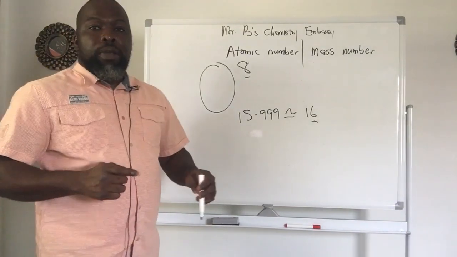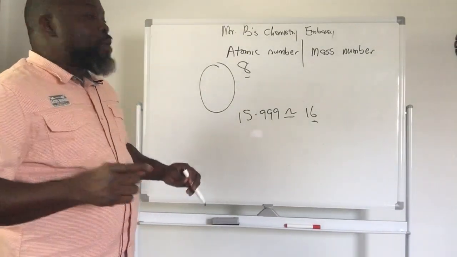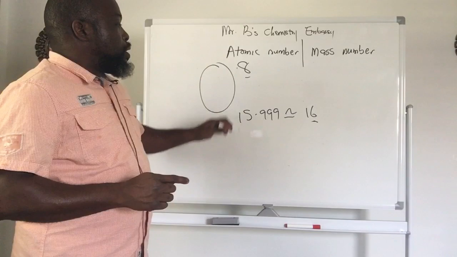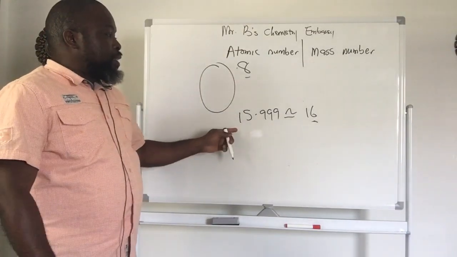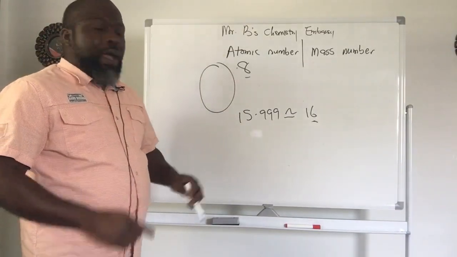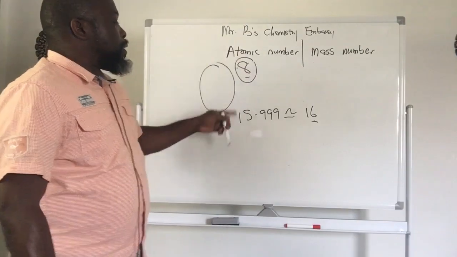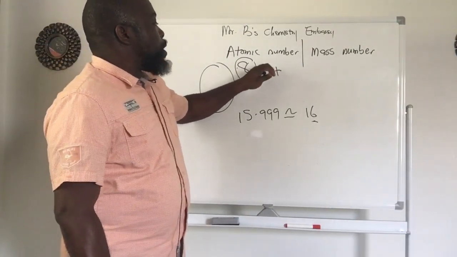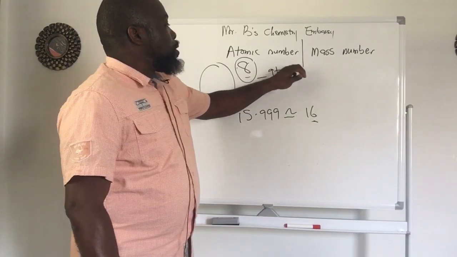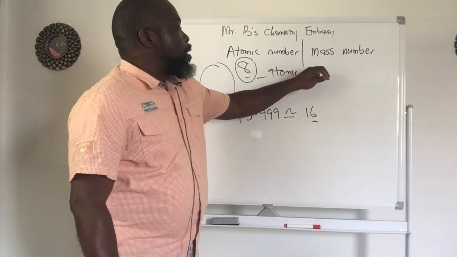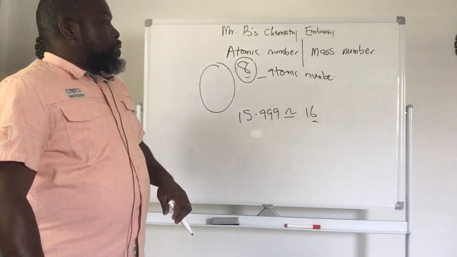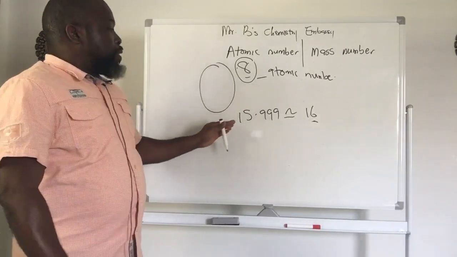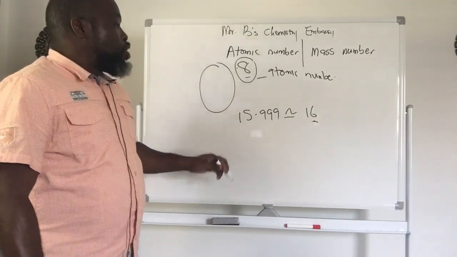Always remember that the atomic number is always the smaller number. So 8 and 16. Which one is the smaller number? 8 is smaller than 16. So automatically your 8 is going to be your atomic number. The other number, the bigger number, 16, is going to be your what?